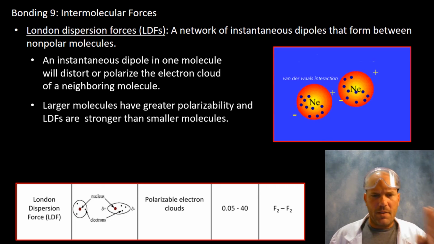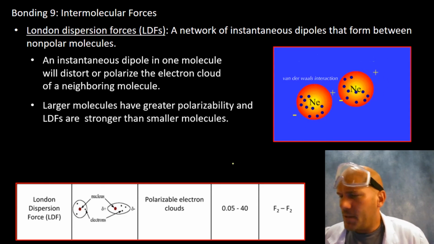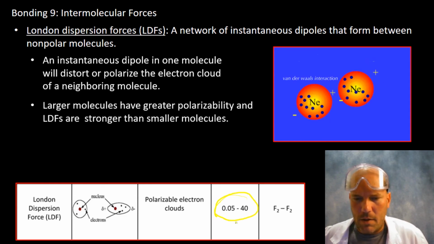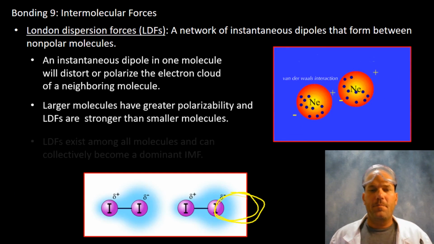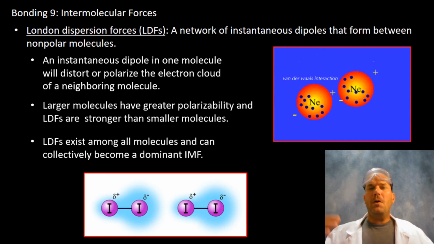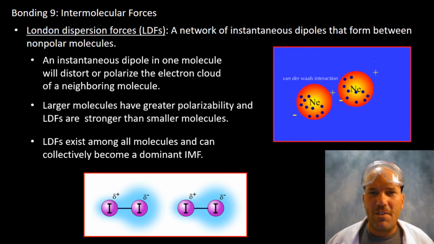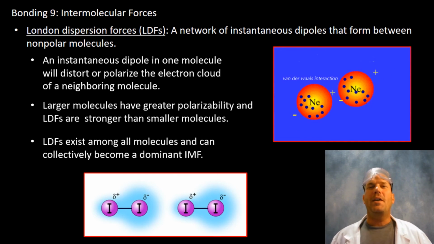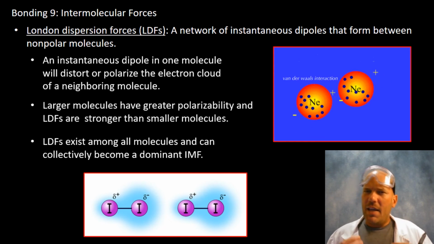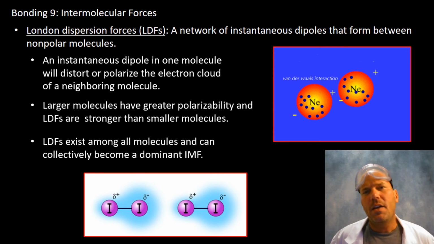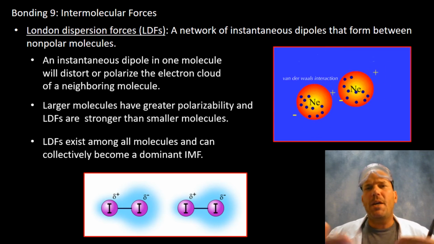With these examples, you might be tempted to say, wait a minute, these are extremely weak. Indeed they are. However, the more LDFs that occur, the greater the collective intermolecular force. So in the next video, I'm going to talk to you about hydrocarbon chains. Among the carbon and hydrogen, that's a nonpolar bond, and intermolecularly speaking, we get LDFs forming among them.